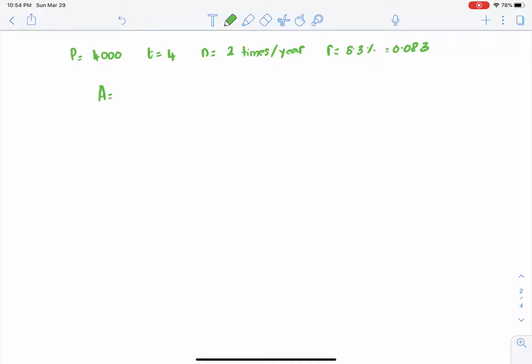So we use the formula. A is equal to the principal times 1 plus r over n raised to nt. So 4,000 times 1 plus 0.083 divided by 2 raised to 2 times 4.